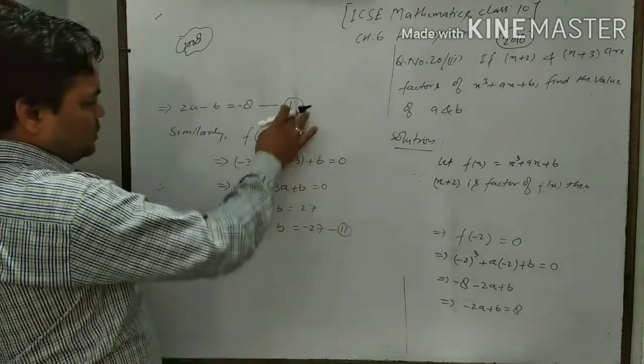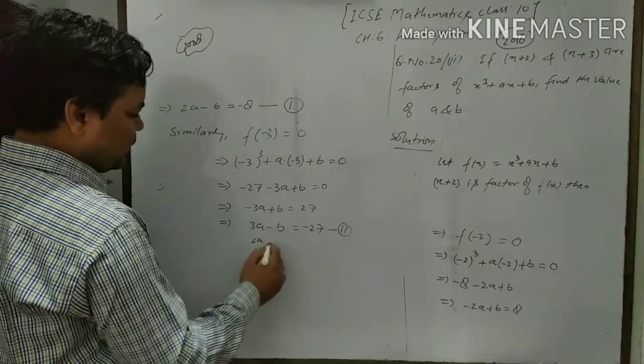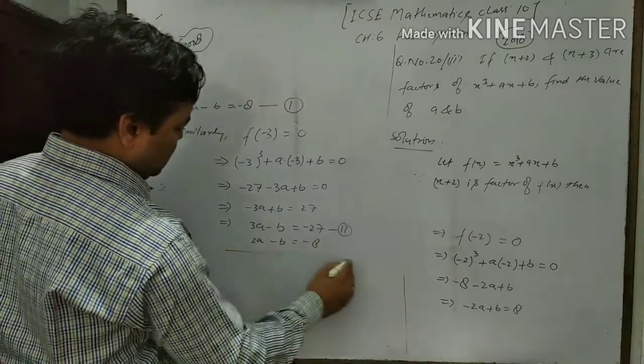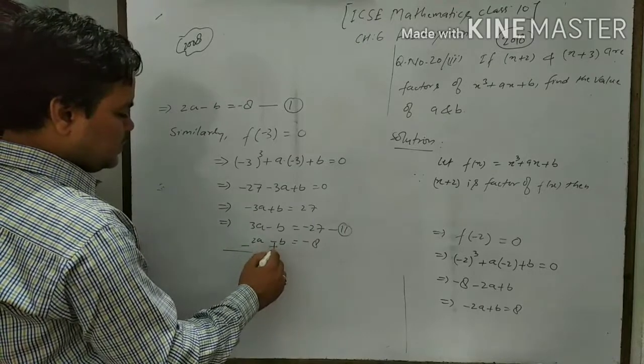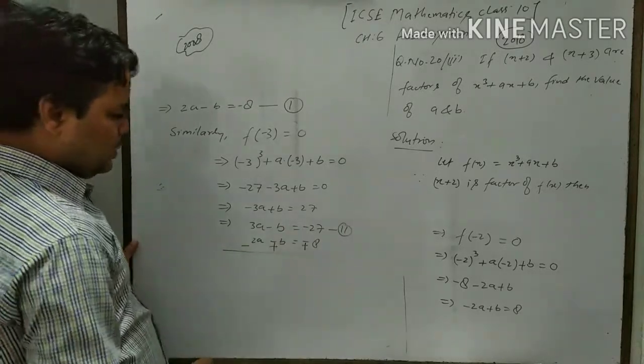Just write equation first just below it: 2a minus b is equal to minus 8. Here the sign is the same, so we should subtract. The sign will be changed here, and the sign will also be changed here.